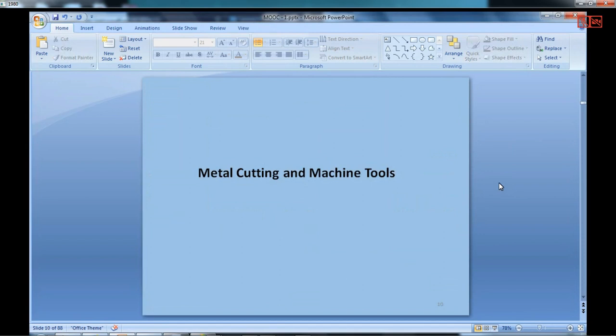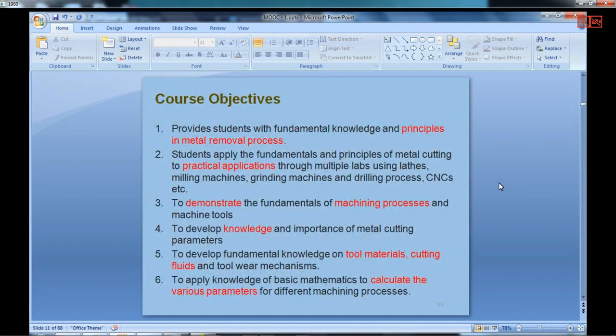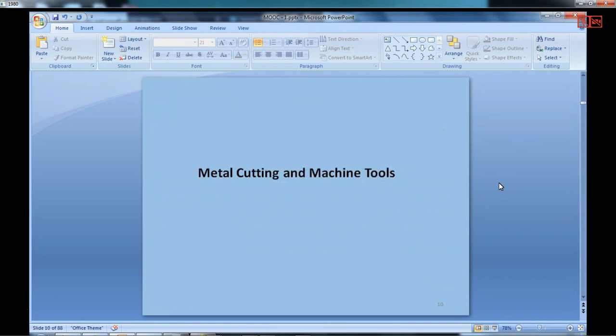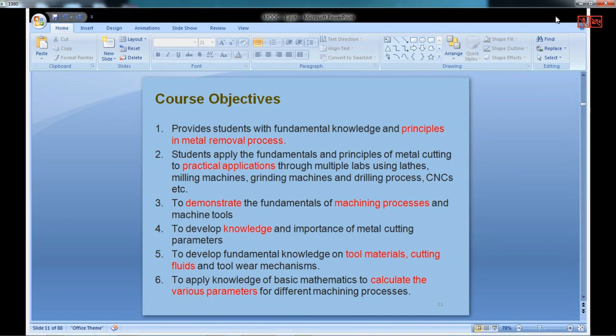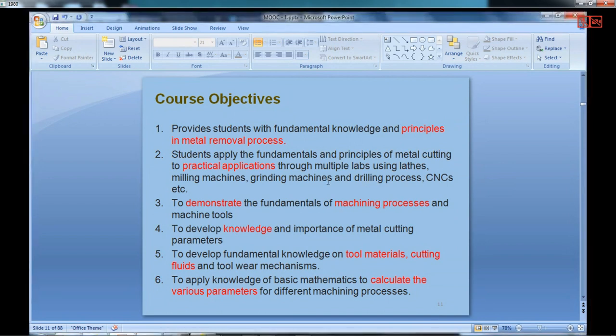So now we'll come to your subject, where we talk about metal cutting and machine tools. The course objectives, I don't know whether you have the syllabus book with you. The course objectives are to provide the students with fundamental knowledge about the principles of metal cutting, to tell them about the practical applications, to demonstrate the machining processes, and to develop knowledge and appreciation of the importance of cutting parameters.